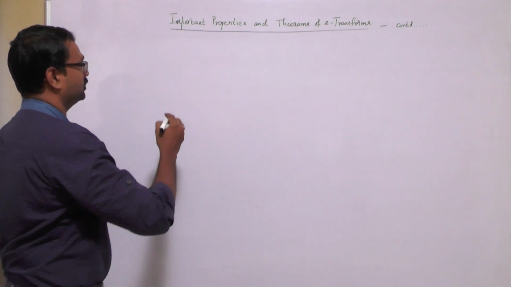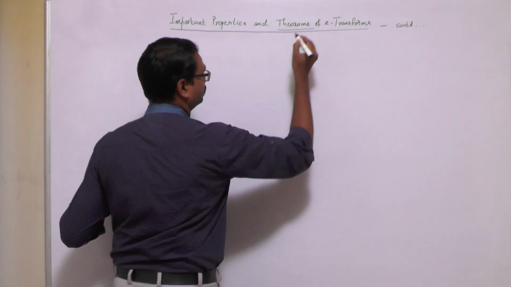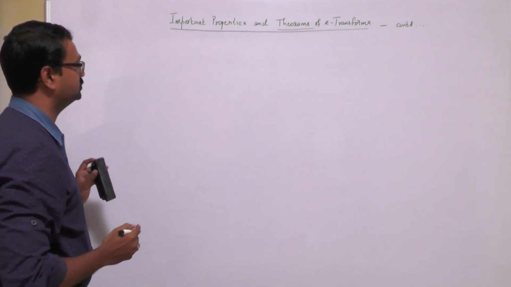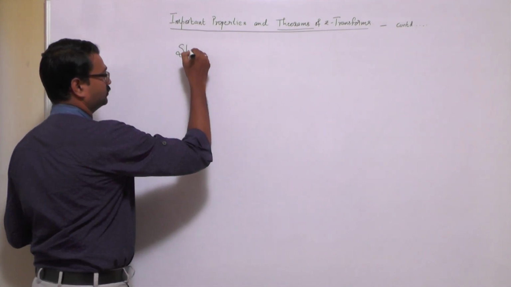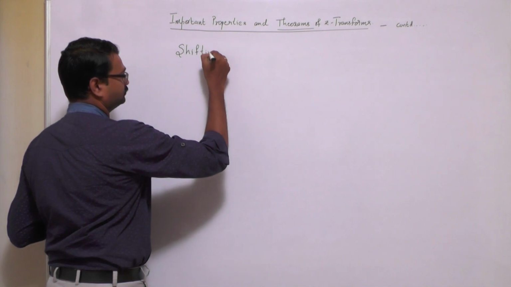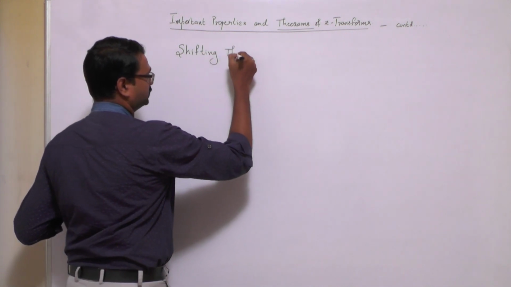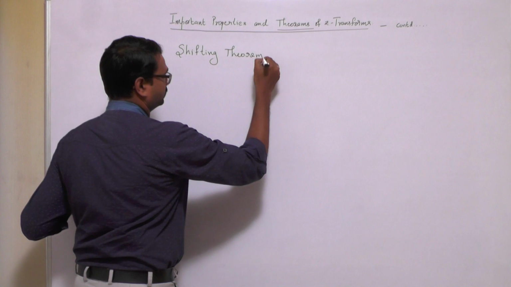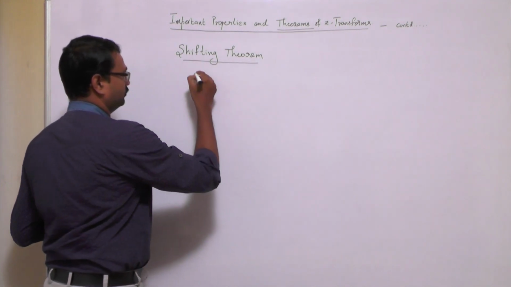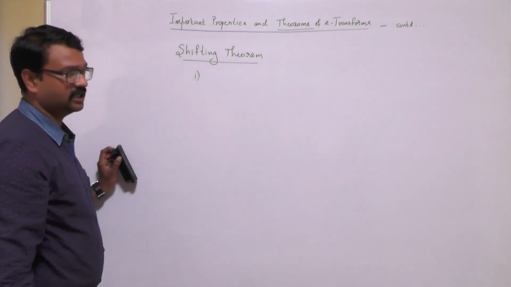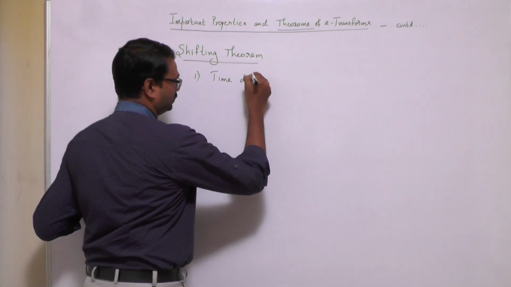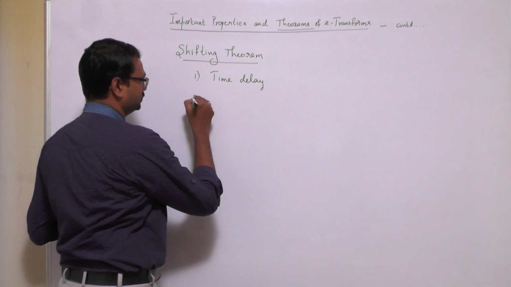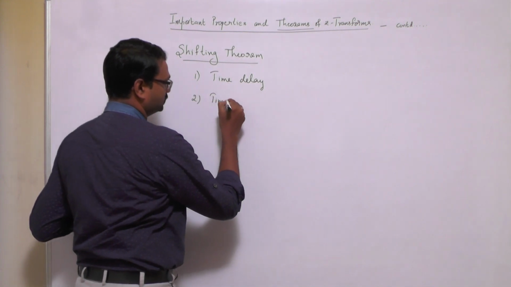Now we will see the important theorems, the theorems of the Z transforms. In that we have started with the shifting theorem, where any signal is time shifted. One is the time delayed signal, and the other is the time advanced signal.